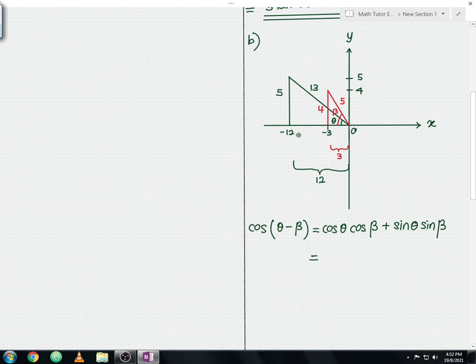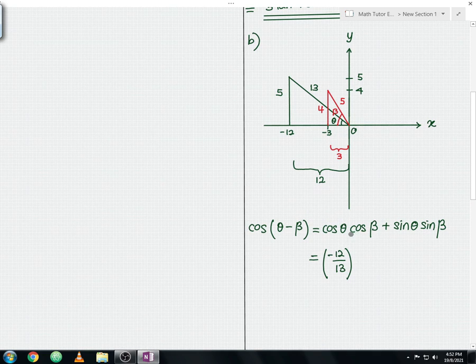You need to choose the negative value of x, since your x-axis lies in the negative region, so your adjacent will be negative 12 and your hypotenuse will be positive 13. So your cos theta will be equal to negative 12 over 13.